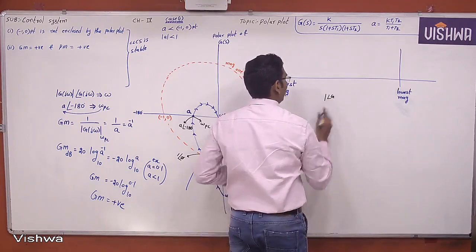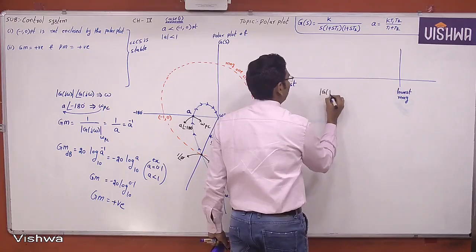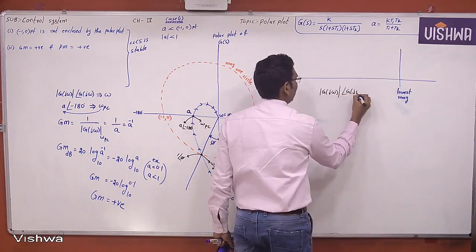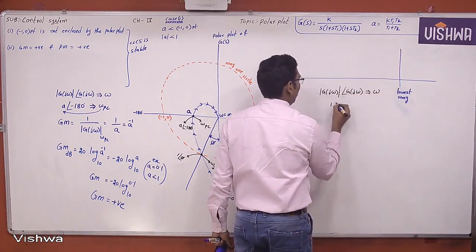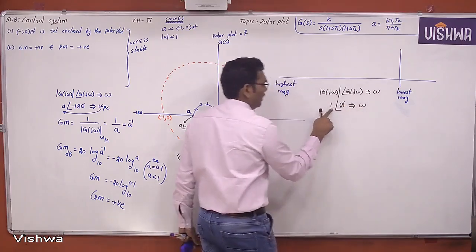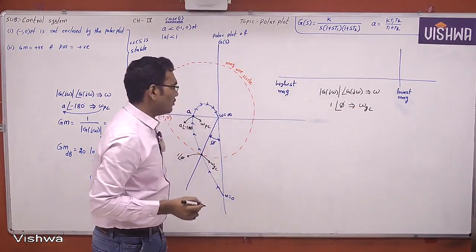Magnitude of open loop transfer function, phase angle of the open loop transfer function at some particular frequency. What is the magnitude? 1. Phase angle, I don't know. At some particular frequency, when magnitude is 1, this particular frequency is called the gain crossover frequency.